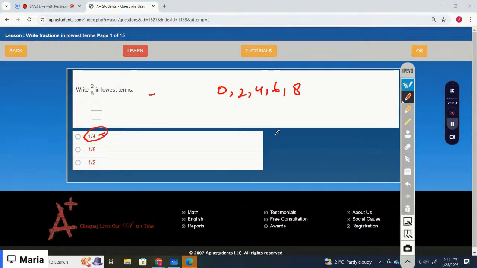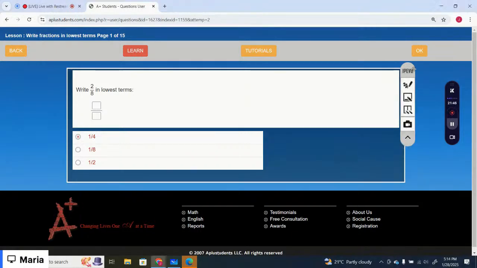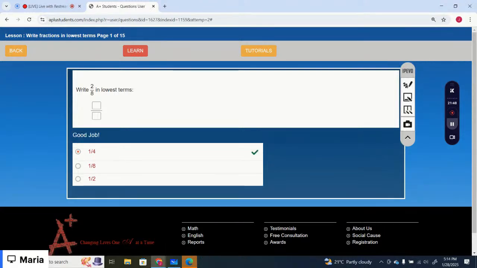The greatest number that can divide both is 2. So divide them by the greatest common number. 2 divided by 2 is 1, and 8 divided by 2 is 4. So the lowest form is 1 by 4. Option number 1 is the correct option.